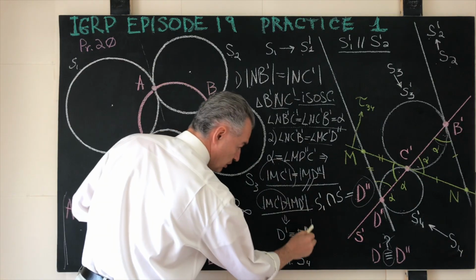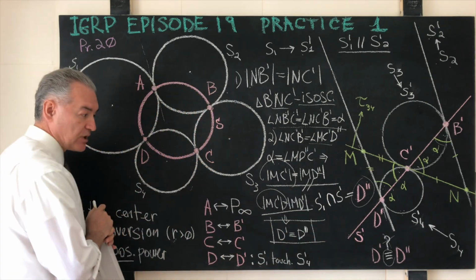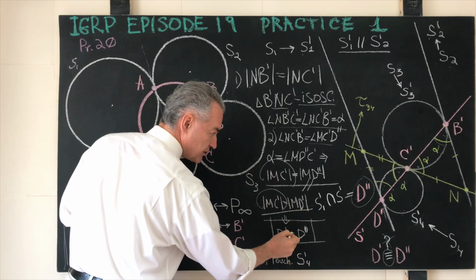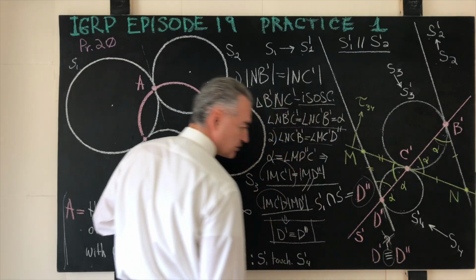We have no choice but to conclude that the points D prime and D prime prime are one and the same. So in a way we have the right to eliminate this equal sign.